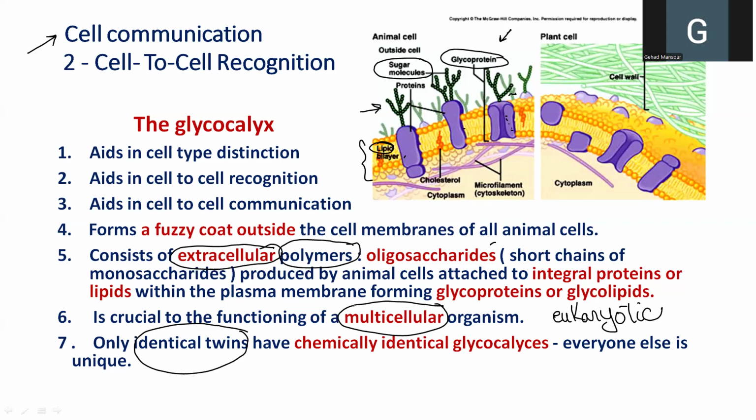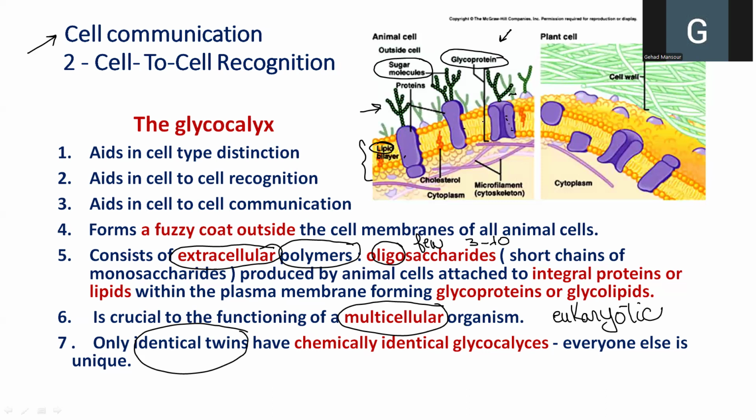And these polymers consist essentially of carbohydrates, which are oligosaccharides. Oligo means few, from 3 to 10. So they are short chains of monosaccharides attached to each other.